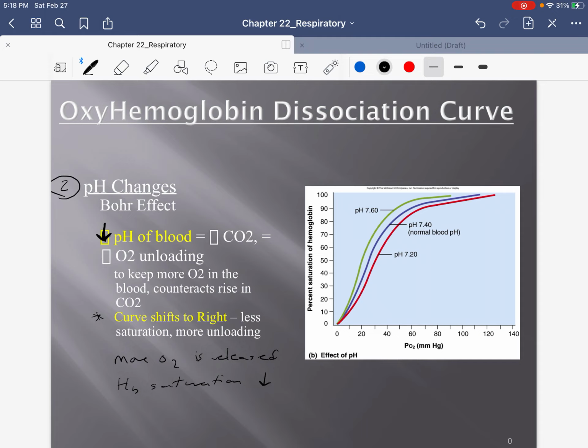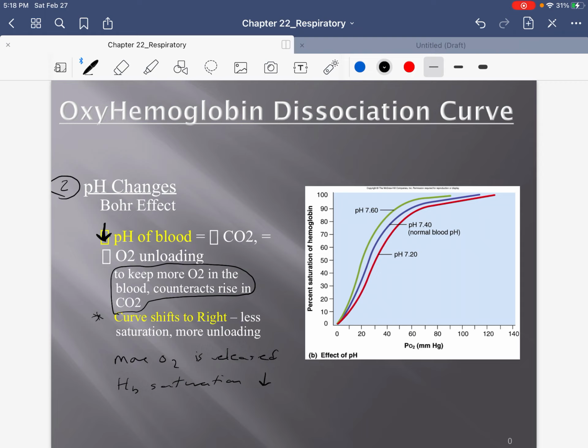But here's the reason why, and I'd like you to know this. The reason why the curve shifts to the right when our blood pH drops is because when the curve shifts to the right, more oxygen is released.